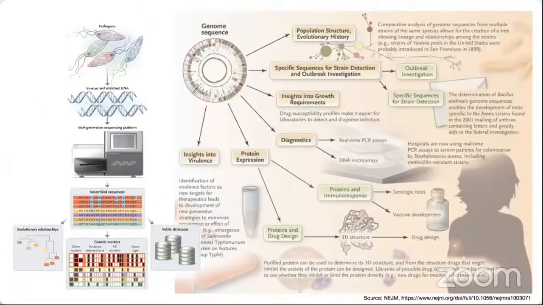I want to give you an overview of how omics data is actually helping in understanding infectious diseases. At the same time as we were developing new techniques to study these pathogens under the microscope, we also started developing sequencing technologies. These two technologies complement each other, especially in infectious disease biology.